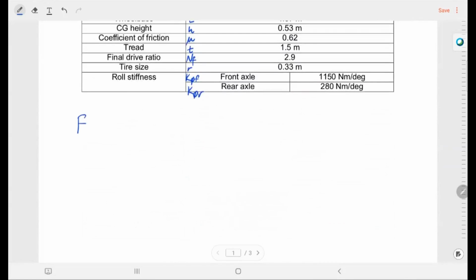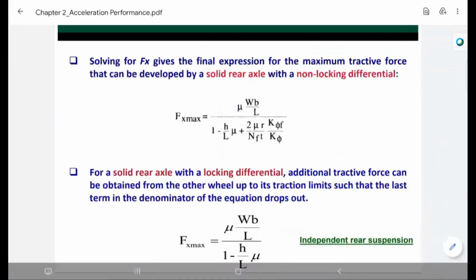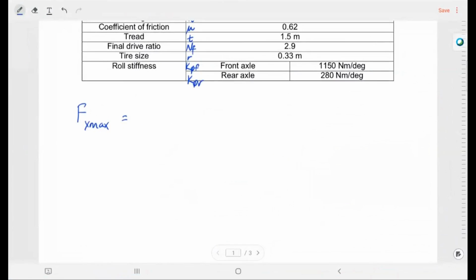So, Fx max equal to, dia patah balik. Okay, ni mu W B over L. So mu W B over L.